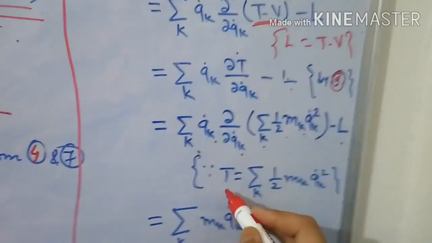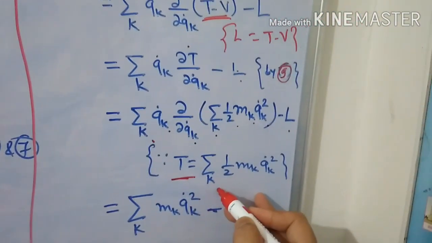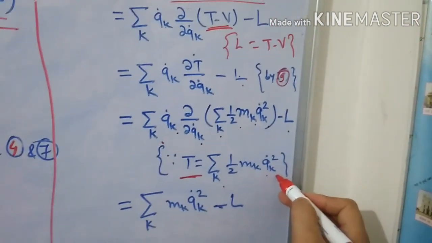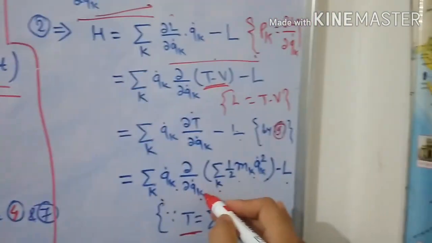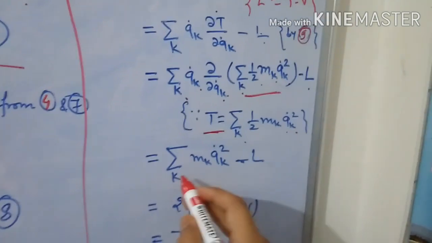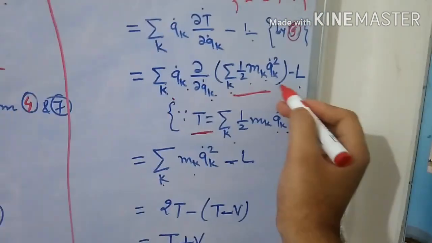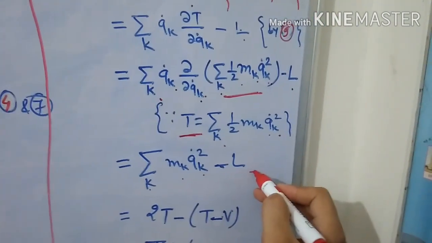Because we know that kinetic energy T is defined as T is equal to summation k half mk qk dot square. On differentiating this term with respect to qk dot, we get summation k mk qk dot and qk dot, that is qk dot square, minus L.